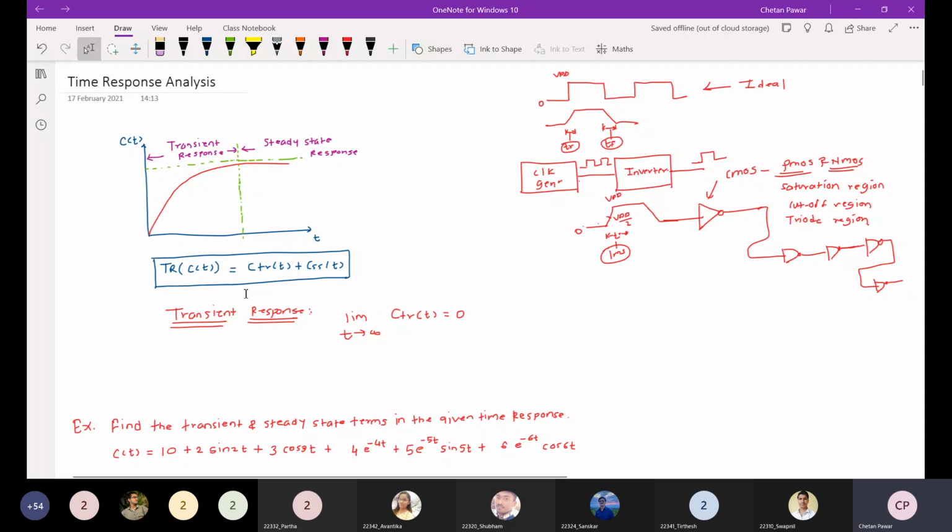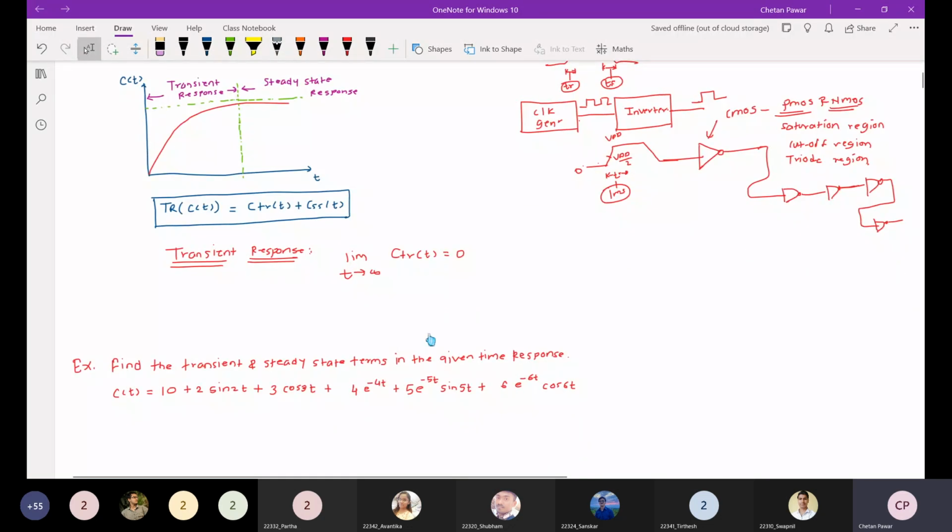So here you can see, as t progresses, after a certain time, the transient response will become 0. And when the transient response becomes 0, whatever response remains of the system is called the steady state response.